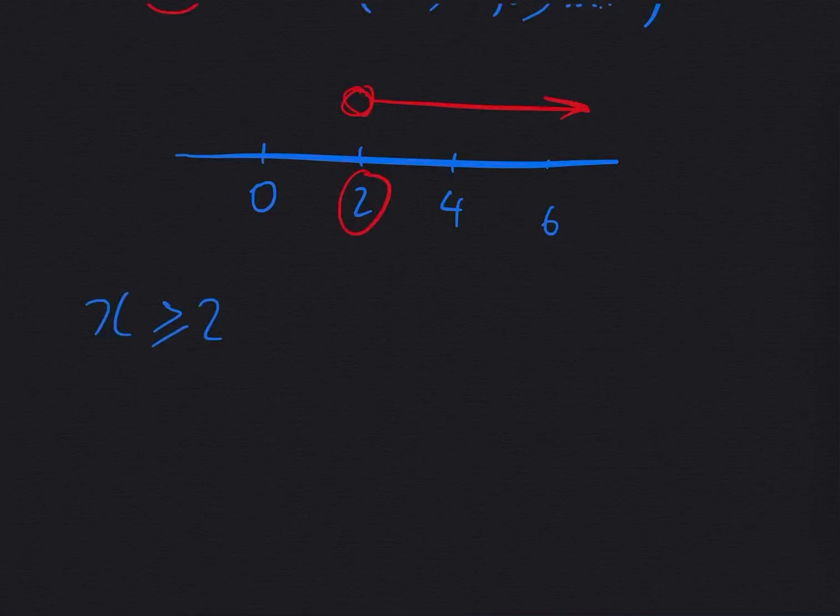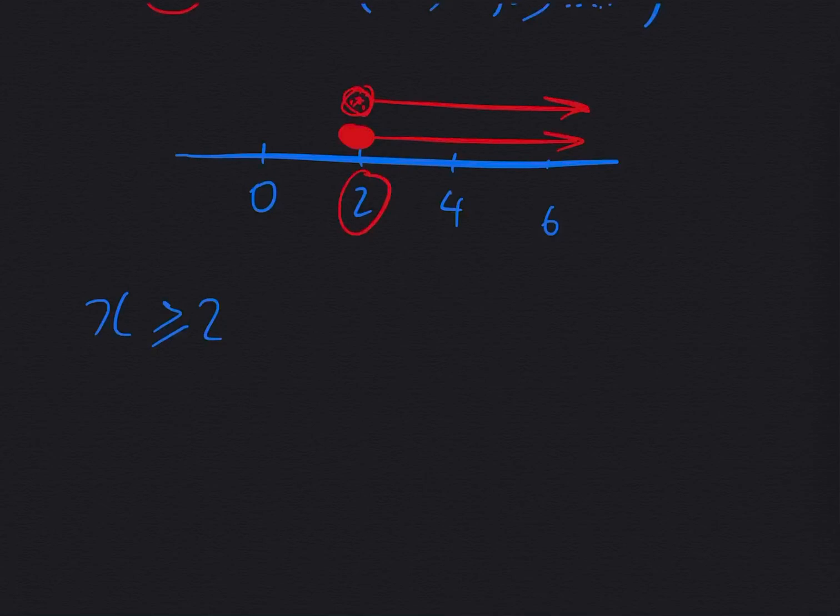All that would do is we'd go a closed dot. So this means it's inclusive of 2, whereas this one here is not inclusive of 2.